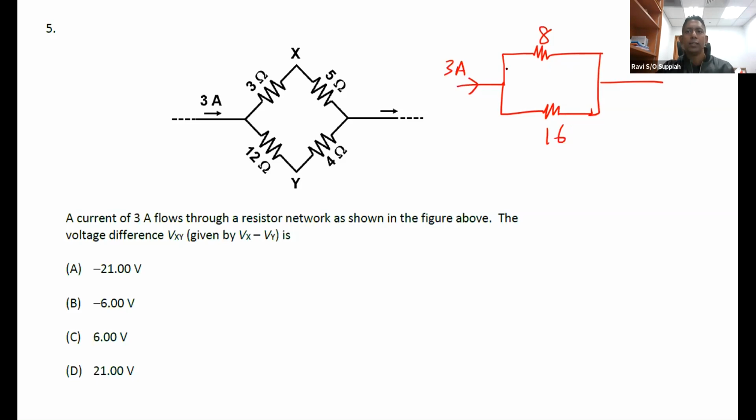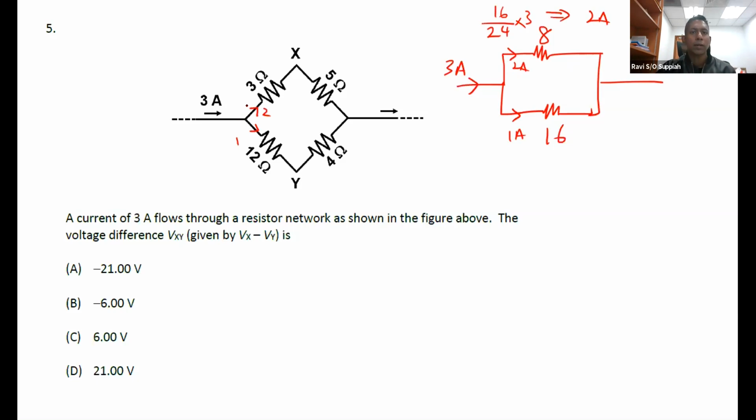So to find the current through this, I take the opposite resistance. So I take 16 divided by 16 plus 8, which is 24, multiplied by the incoming current 3, and that will give me 2 ampere. So 2 ampere comes in here means automatically I know 1 ampere comes in here. So 2 ampere comes here and 1 ampere comes here.